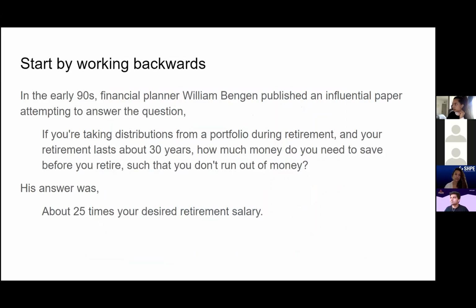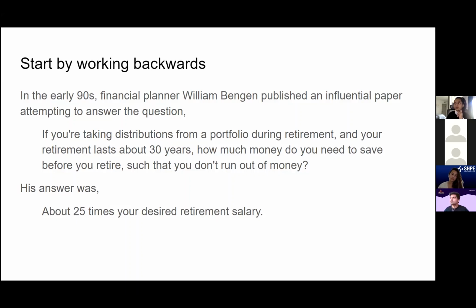Anyway, a guy named Bill Bengen was a financial planner who I think had an engineering background, and he went into financial planning. For a typical retirement of about 30 years, he was curious: how much money do I need to save so I have a strong guarantee that I don't run out of money?